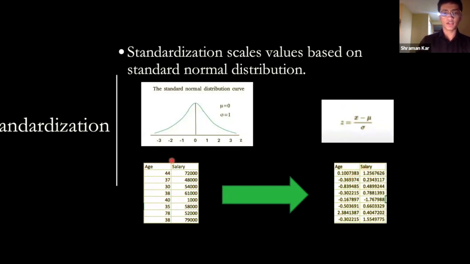If you take this data point as an example, you can see that the x value here is 44, and the mean of this feature is 42.5, and the standard deviation is about 14.8. So when you do that calculation, you get 0.1007383. And that's how you do standardization.